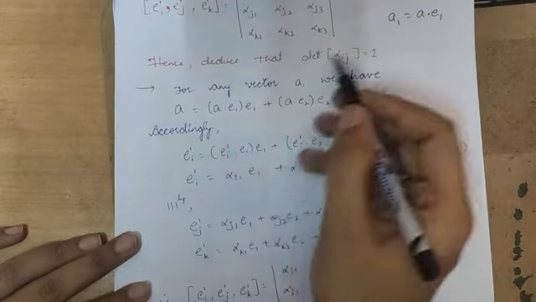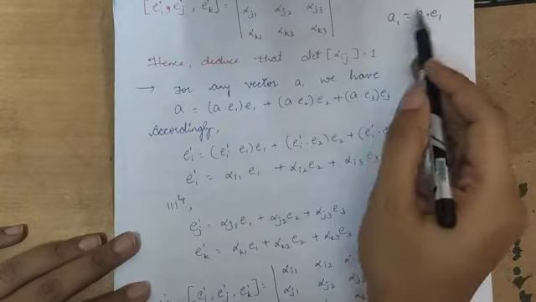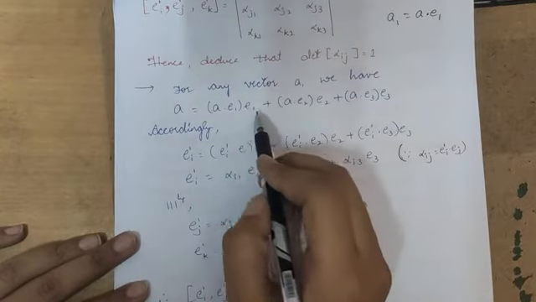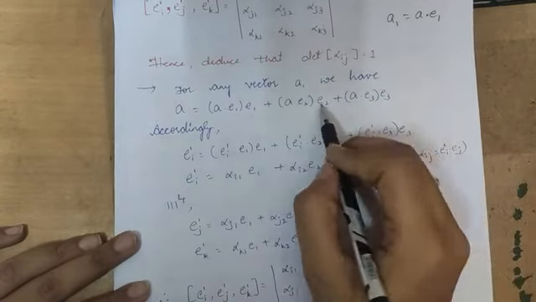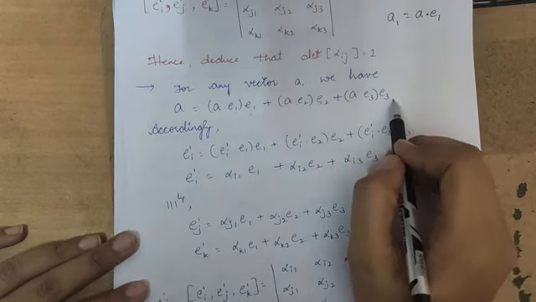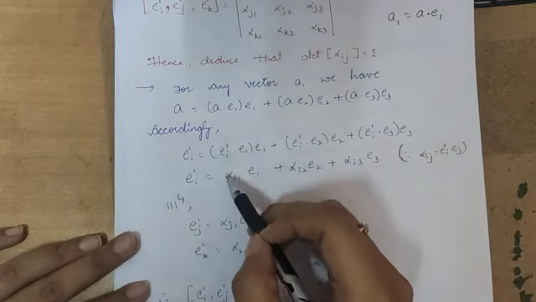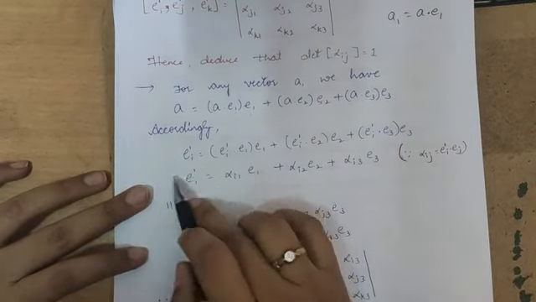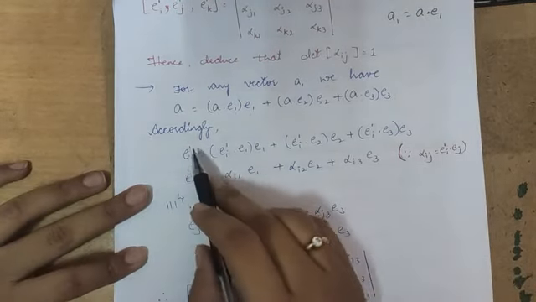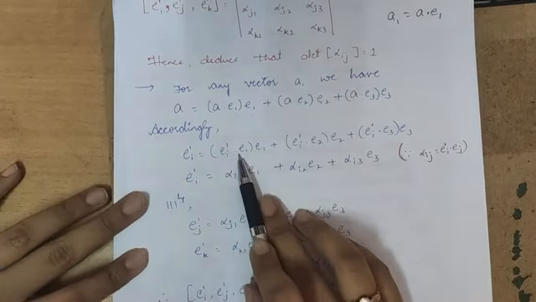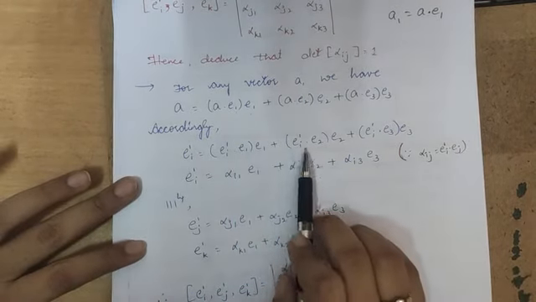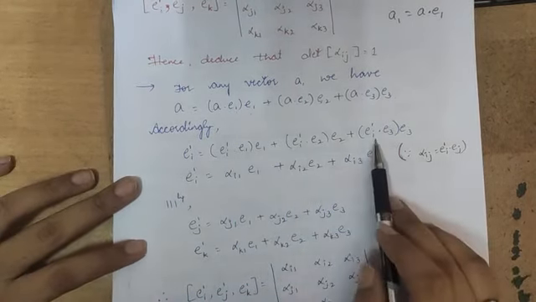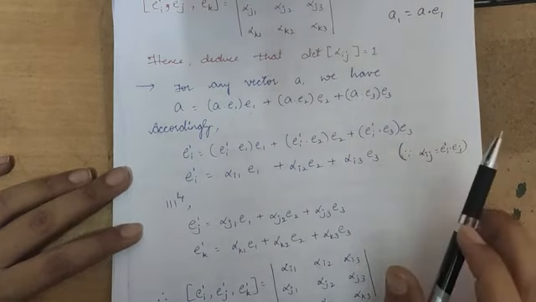So A dot E1 is nothing but A1. I have used this concept here. So A dot E1 into E1 plus A dot E2 into E2 plus A dot E3 into E3. Here in particular I have considered Ei prime as my vector. So for this I can write Ei prime dot E1 into E1 plus Ei prime dot E2 into E2, Ei prime dot E3 into E3.